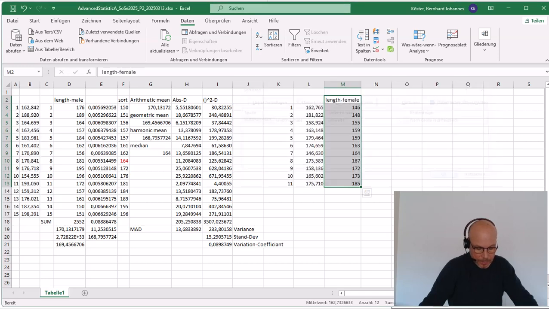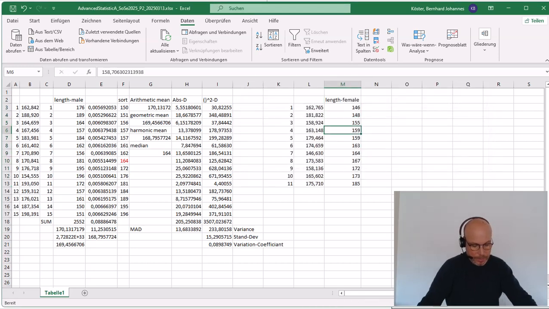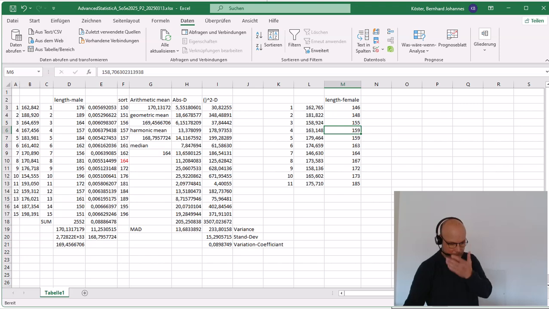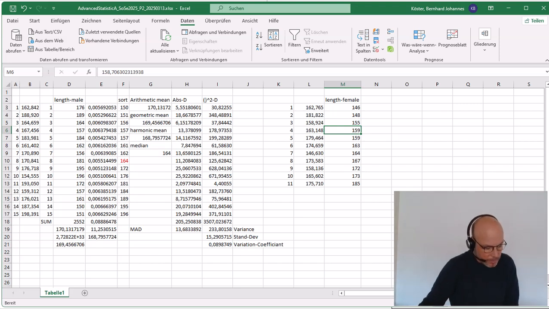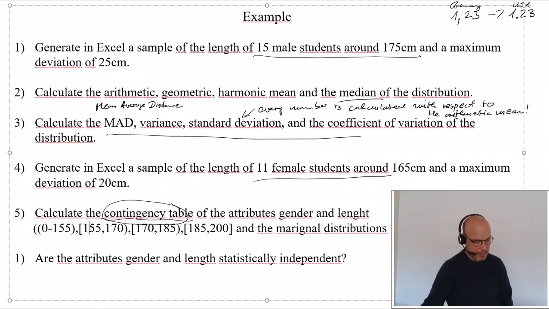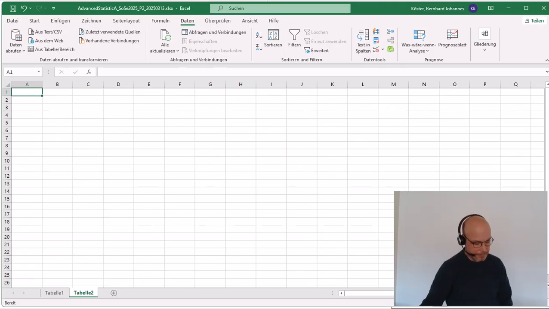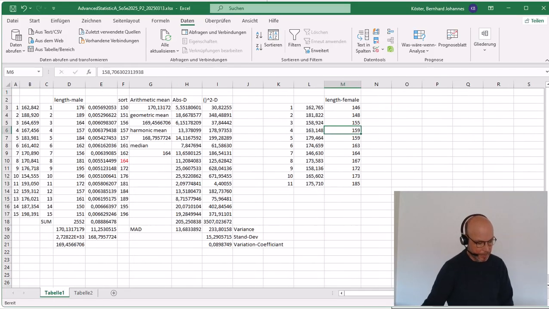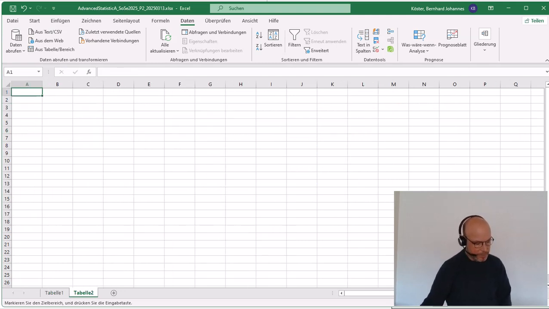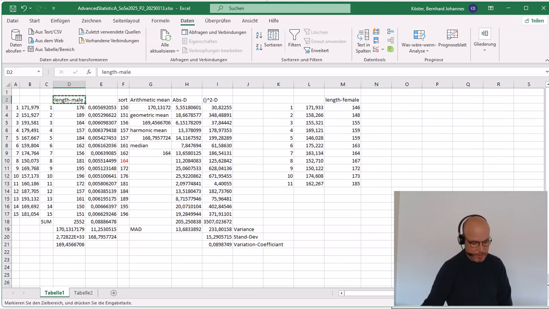And here we have now our two ordered data sets. And we will use a new spreadsheet for this. The length of our male students and length female.